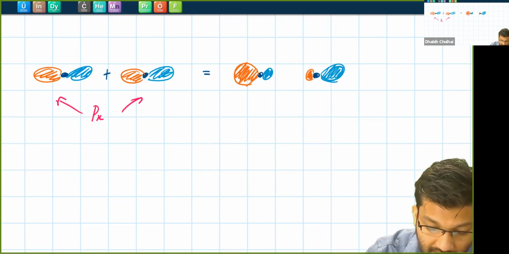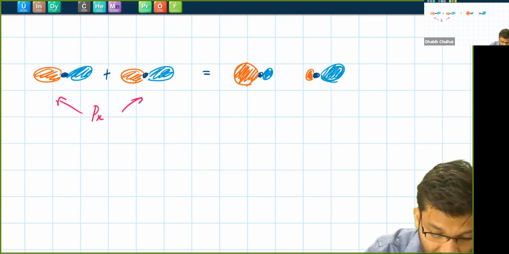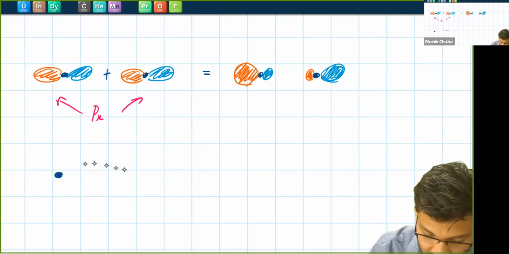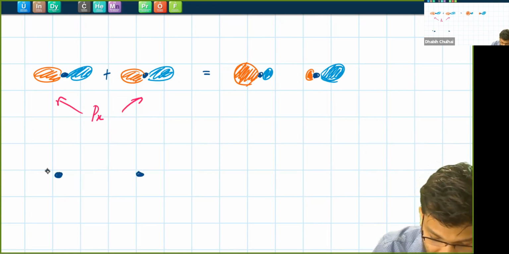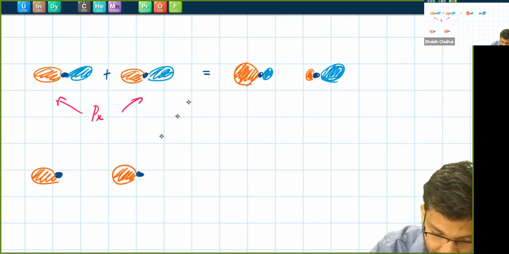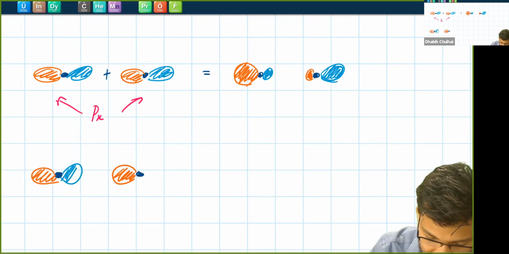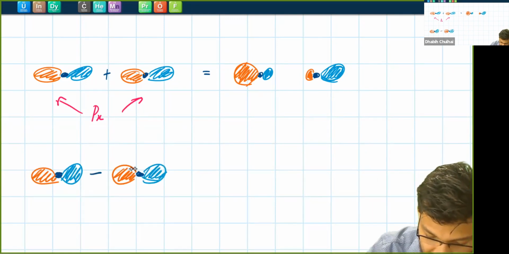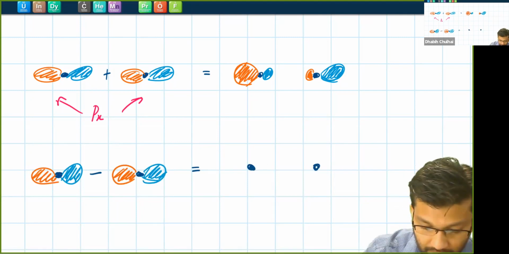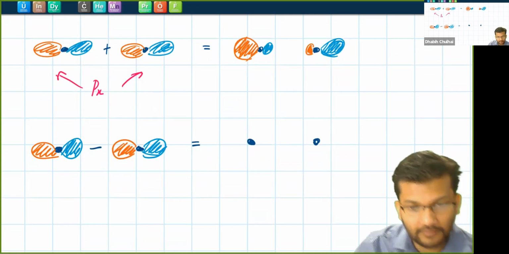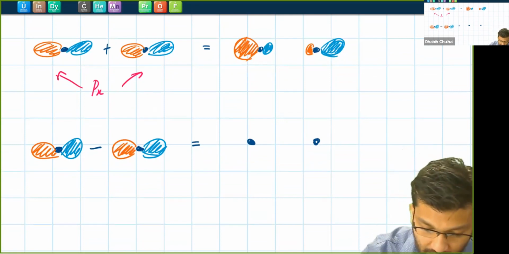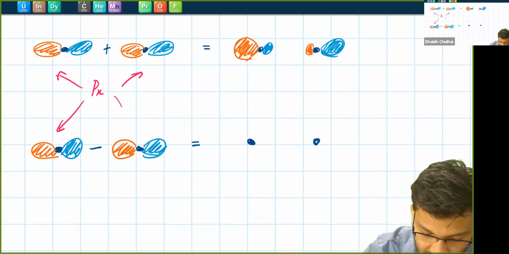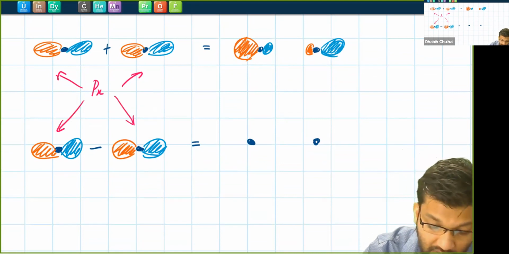I'll come back to naming that one in a second, but let's draw the other situation. We have the 2px, positive, positive, negative, negative, but this time we want to subtract them, right? So again, these are all px orbitals. We want to subtract them.